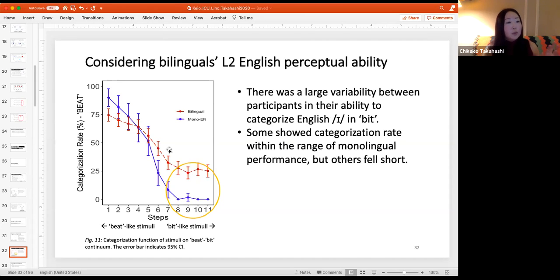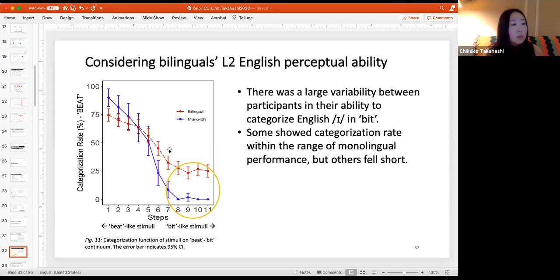The reason why categorization of beat-like stimuli on the left did not reach 100% was probably because the duration of the stimuli was kept the same, which probably made beat-like stimuli sound less natural for some speakers. But what I'd like to focus on here is the categorization of bit-like stimuli in the yellow circle.